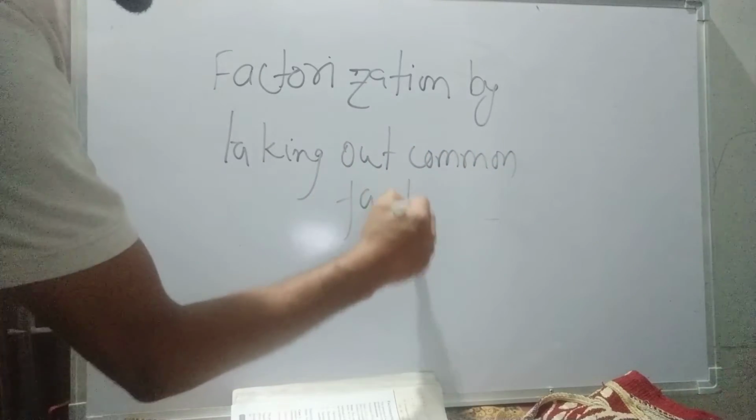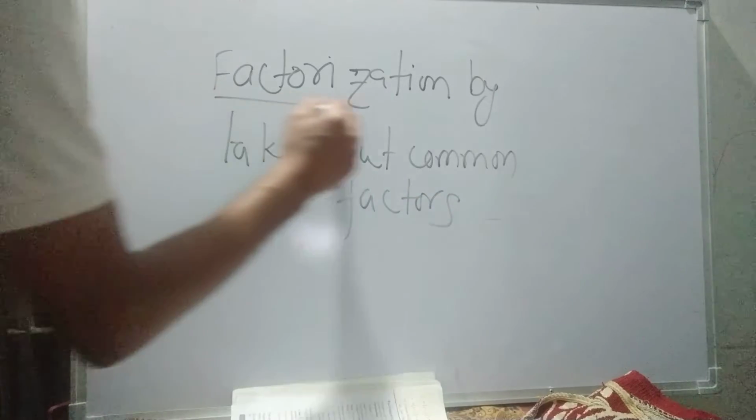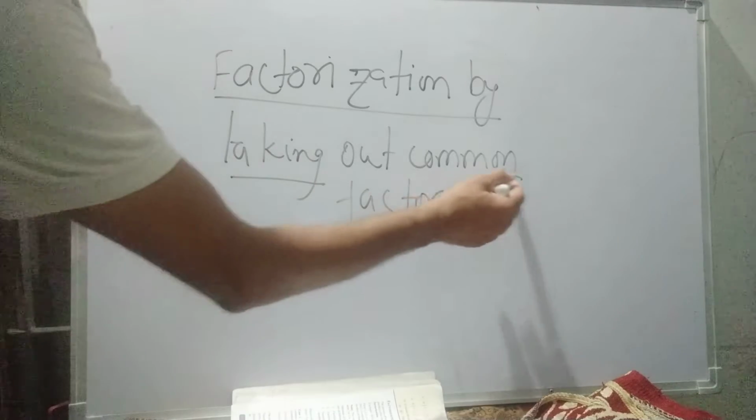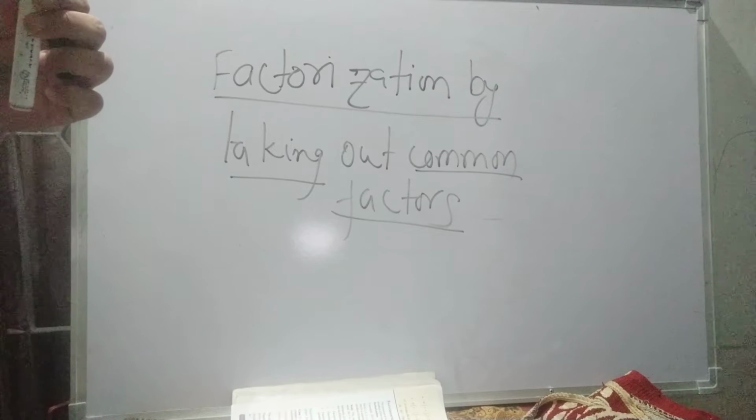Look here students, this is the topic we are going to understand now: factorization by taking out common factors. Let us understand how we will factorize by taking out common factors.